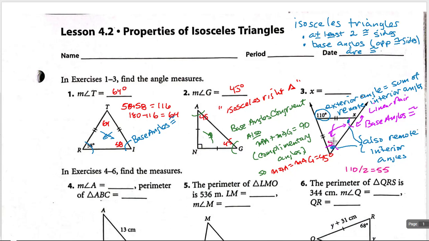So that gives us 55 degrees for each one of those. And x is going to be the linear pair. So it's going to be 125 degrees, not 25 degrees.